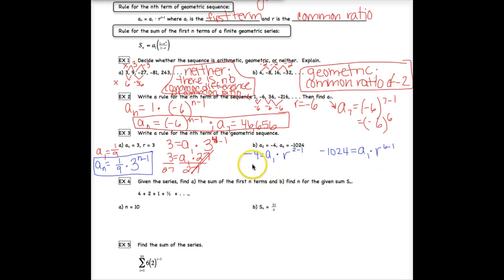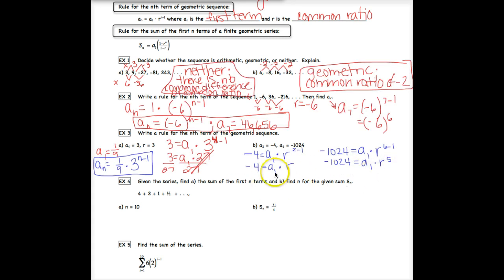So if I simplify this, negative 4 equals a sub 1 times r. This one, negative 1024, equals a sub 1 times r to the 5th.